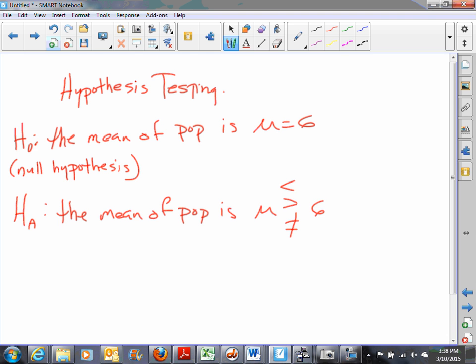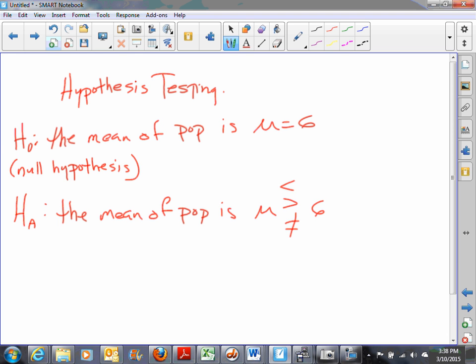Now, ordinarily, what we do when we're doing testing is we take a look at the confidence interval and we see if our experiment or our random sample falls within a 95% confidence interval or a 99% confidence interval.